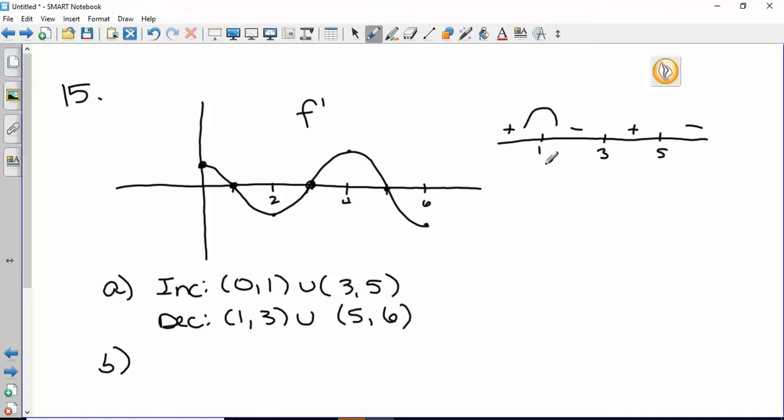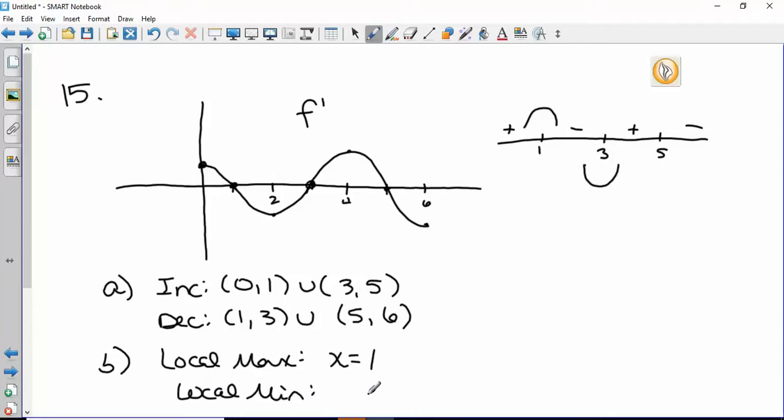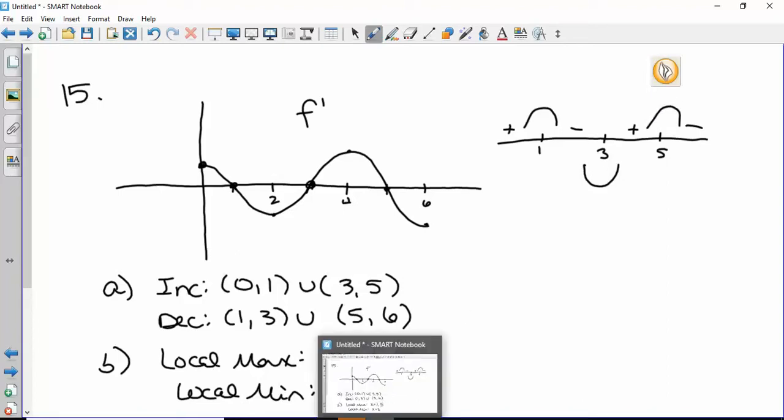So what is 1? Max. At 3, it was decreasing and then increasing, so that is a min. At 5, increasing to decreasing, so that one was a maximum.